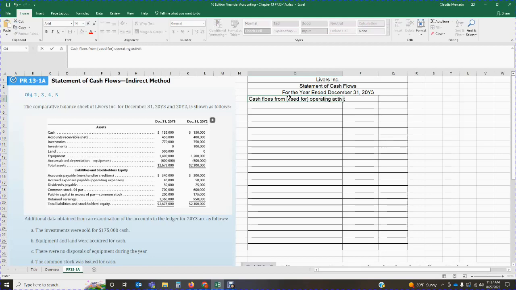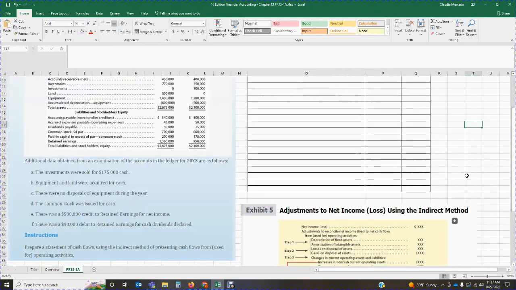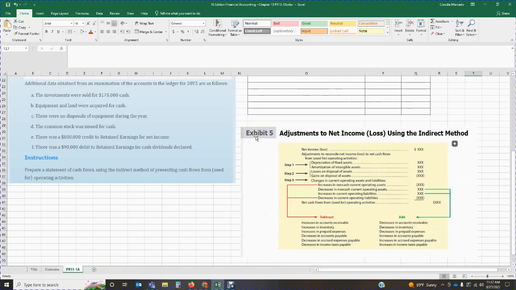Now down here, I have this diagram, Exhibit 5. I recommend that you have it handy with you so that you can refer to it. It's very useful when we are beginning to work on the statement of cash flows. They are more complicated than our income statement, statement of owner's equity, and our balance sheet.